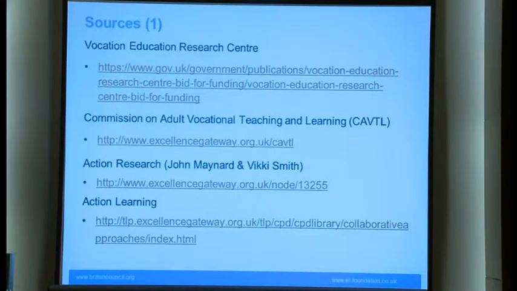Here are some of the references. Here is the research centre I spoke about, a very new government initiative, on adult vocational teaching and learning. In Birmingham, in England, in a couple of weeks, there's a big conference about that. Some other sources there as well, and some more about joint development practice.